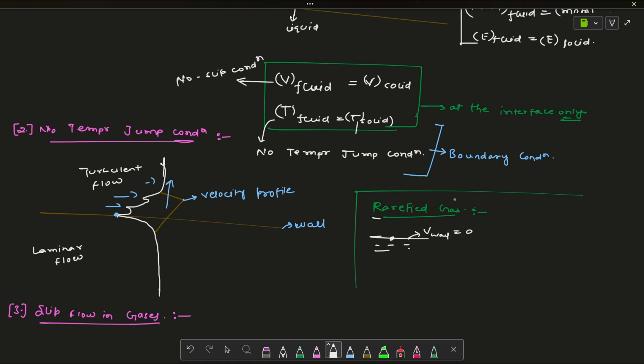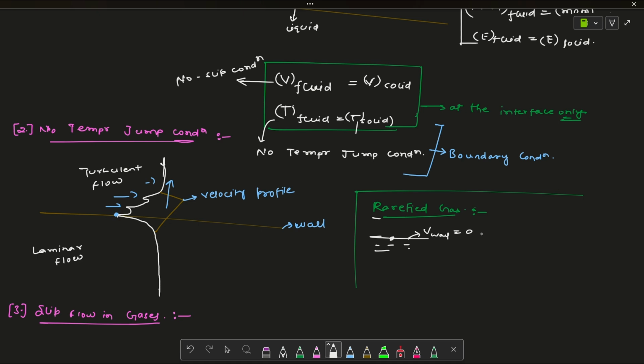So what we do, to avoid the difficulties in mathematics, is partially relax the no-slip condition. The flow is allowed to slip past the surface but not to permeate through the surface.